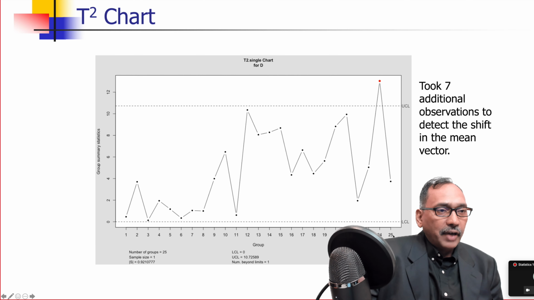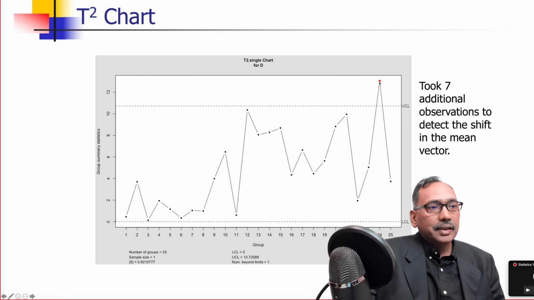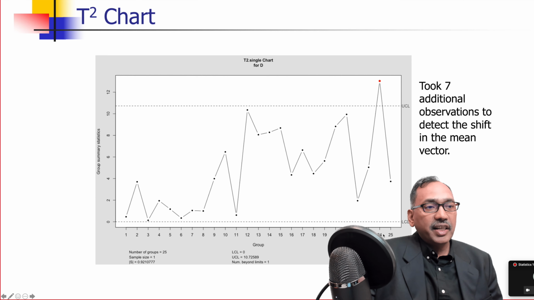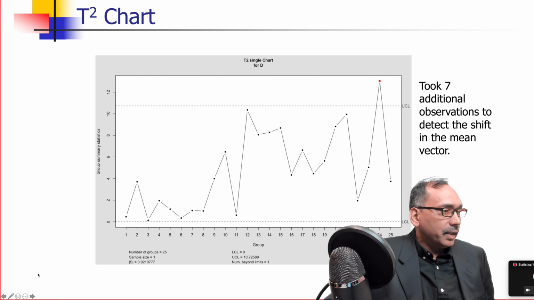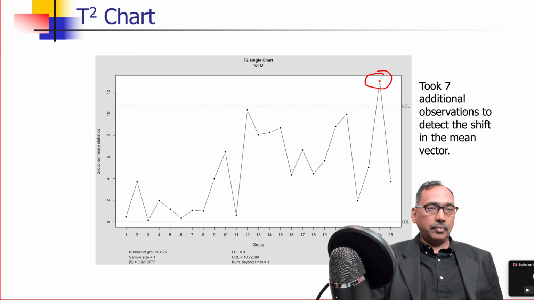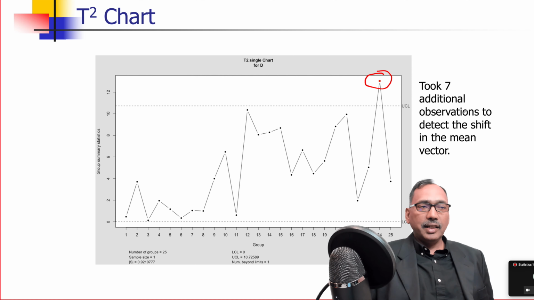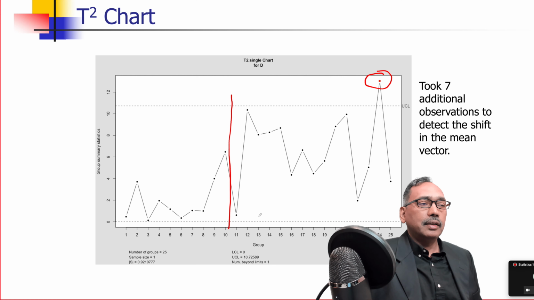10 plus 15, 25 subgroups on the T-square chart, same data, but it raises a flag at the 24th data point or subgroup. So at the 24th point, it detects the presence of special cause and says that the mean has shifted. But remember, our data to the right of subgroup 10, all those are with a shift in mean.